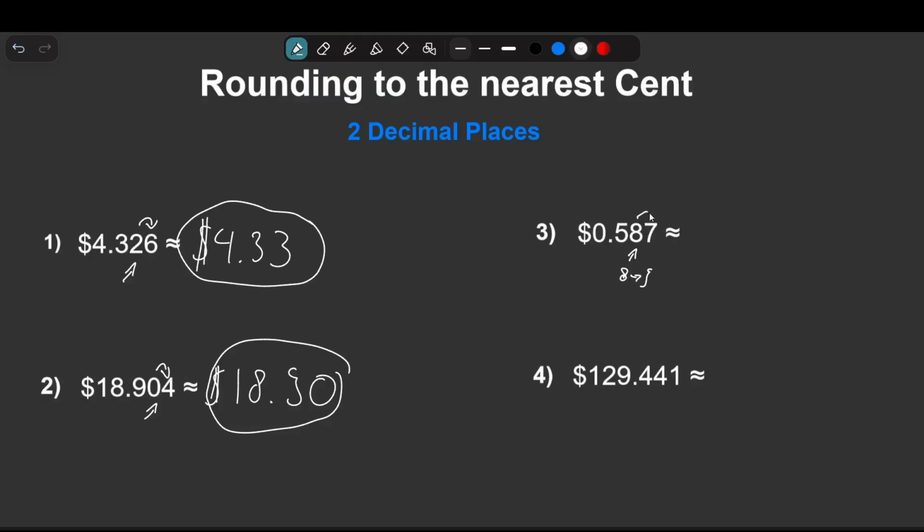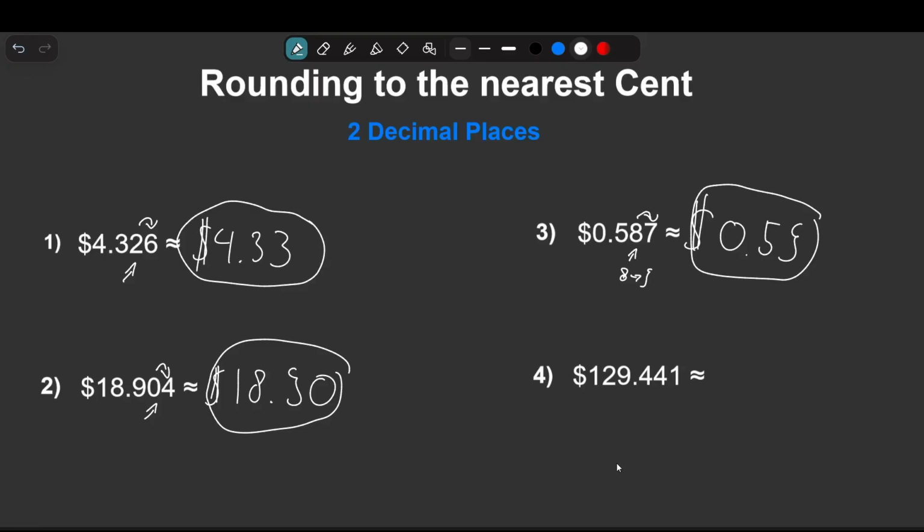That's when we look at the digit to the right. We have a 7. Again, 5 or more is rounding up and 4 or less stays the same. In this case, we have 5 or more because we have a 7, so we are going to round up to $0.59, as you can see.